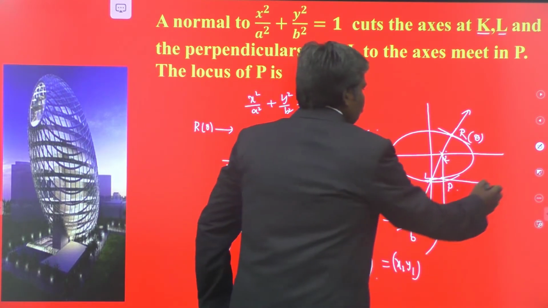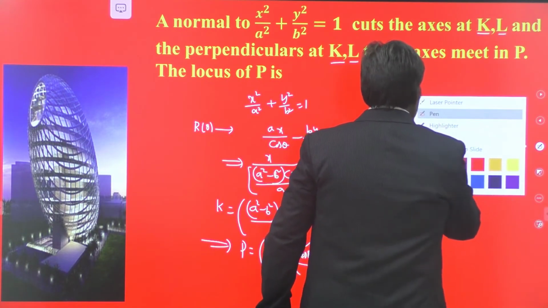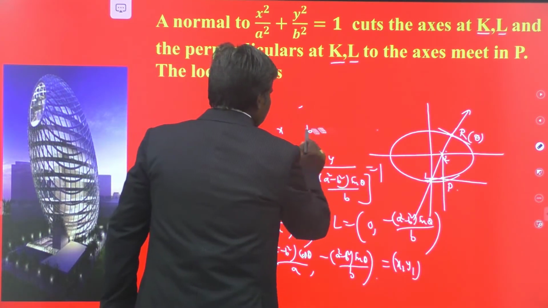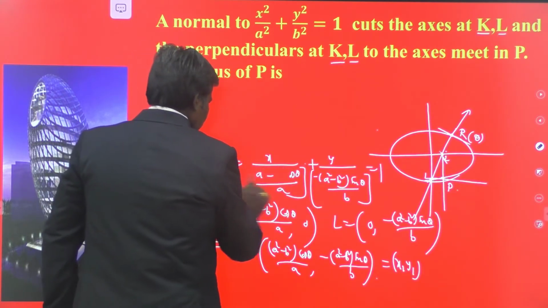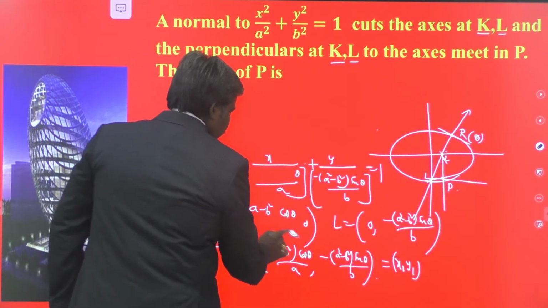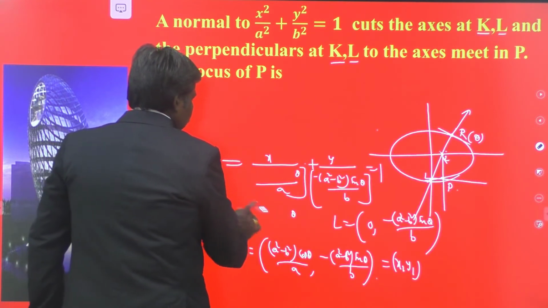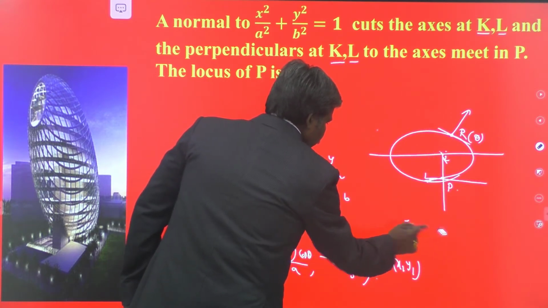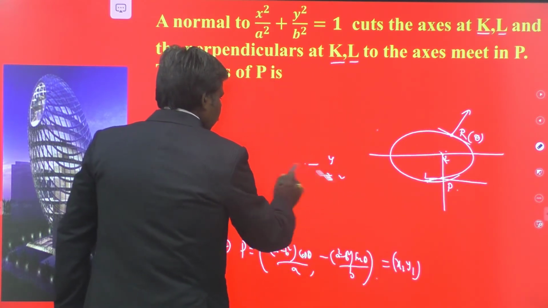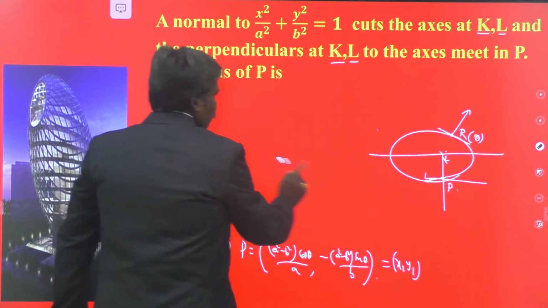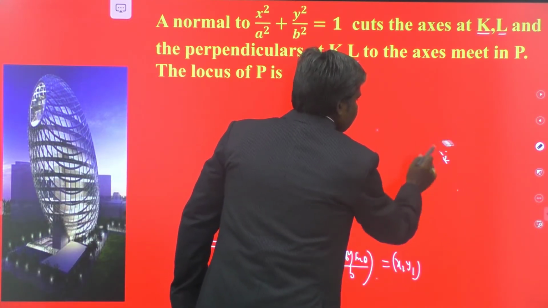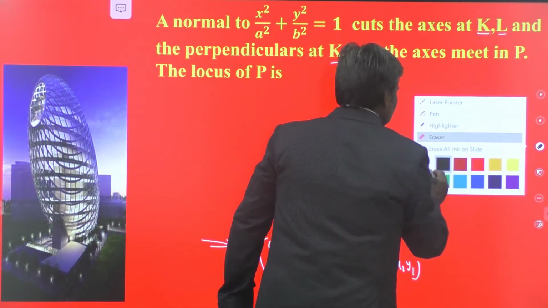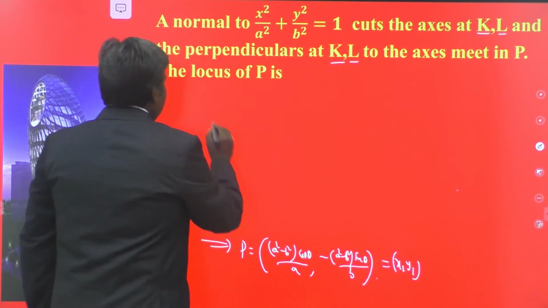Understand? So, I am removing this one. There is no importance of the diagram now. So what is x1?